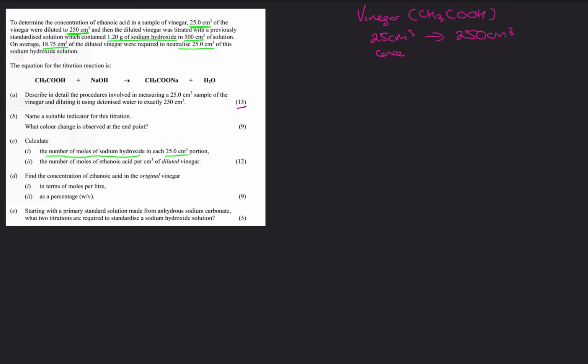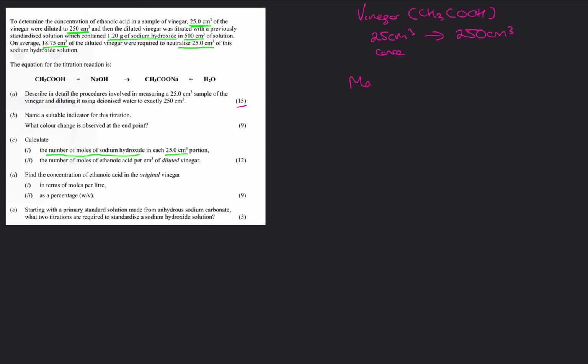Okay, so let's take a look now, because we know in these type of questions we always use this formula if we have enough information. So do we have the molarity of the acid? No, we don't. That's what we need to figure out.